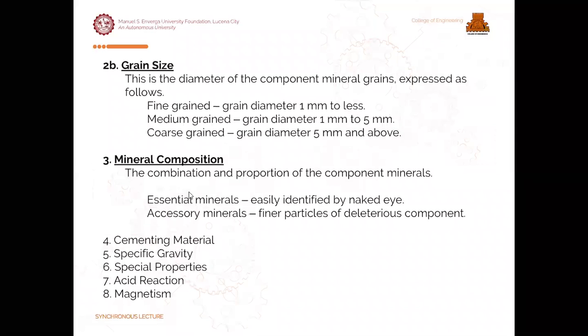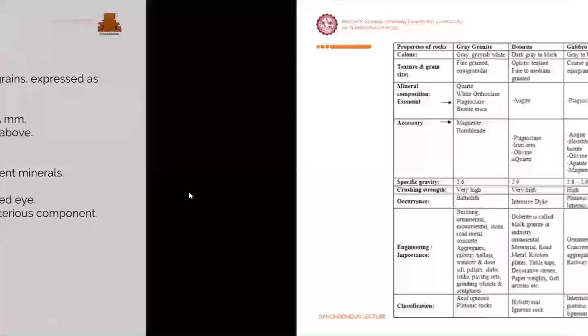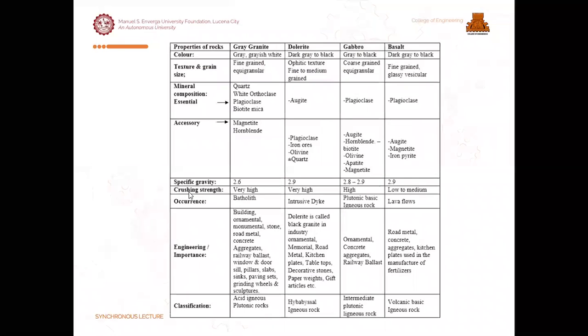Okay? Then these are the other index properties that are considered. We have the cementing materials, specific gravity, special properties, acid reaction, and magnetism. Okay? So this is a sample of how it is classified or how it falls under a particular classification.